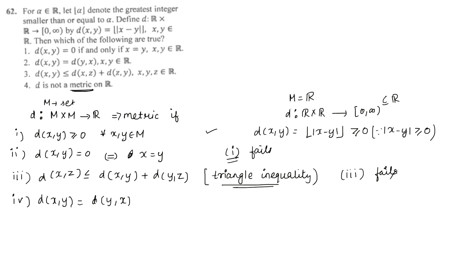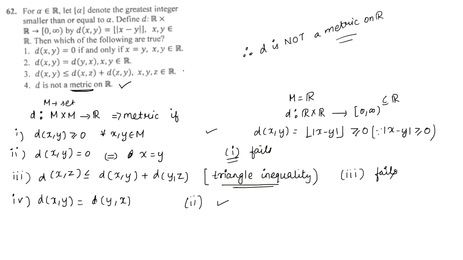But d of x, y is equal to d of y, x, as we saw in option 2, so that is holding true. But properties number 2 and 3 failed, therefore D is not a metric on R. So option number 4 is true.